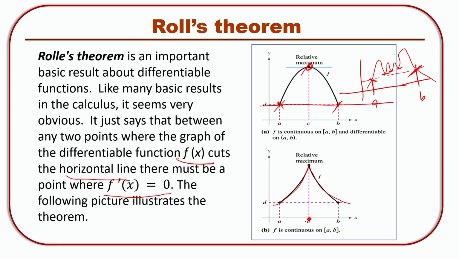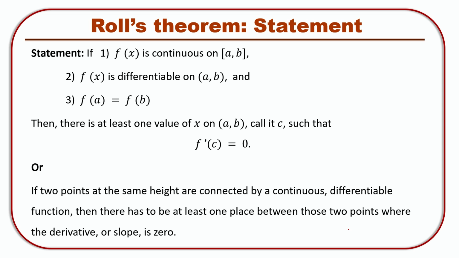Similarly, as you can see in the two pictures, this is also a point where f dash of c is going to be 0. Now the statement says: let f be a real valued function continuous on a closed interval.